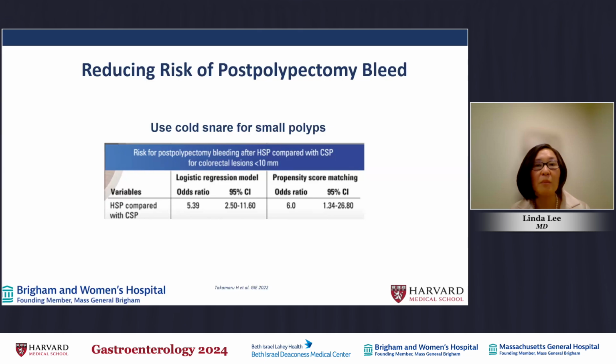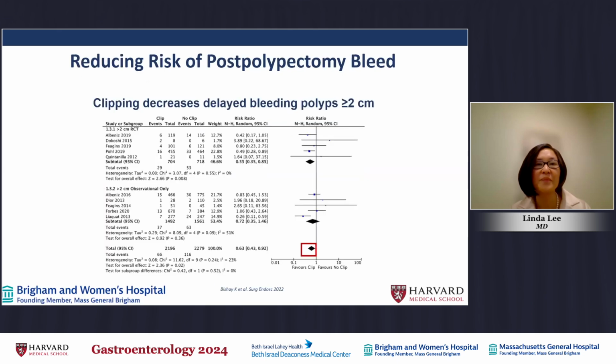Certainly by using cold snare for small polyps. And you know, in 2024, we should really be using cold snare to remove most all polyps that are less than a centimeter in size, unless they're incredibly small, and you can just remove them with forceps. Now, multiple studies have been done looking at the role of prophylactic clipping.